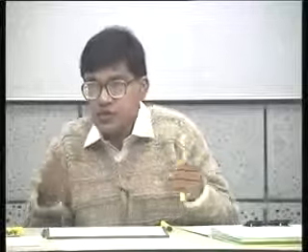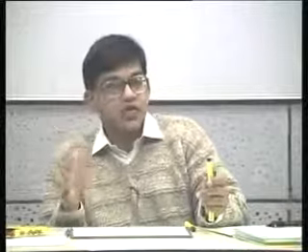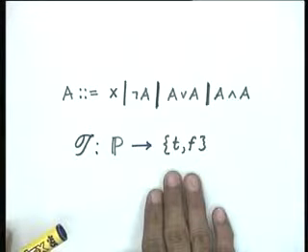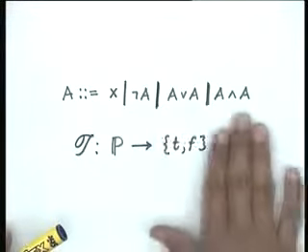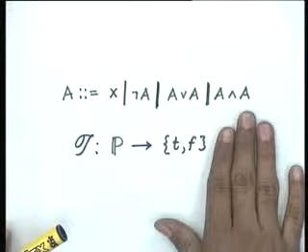This has not been made explicit in any of your previous courses, but essentially there is a semantic domain called T and F, which is completely different from the language of Boolean expressions or from the language of propositional logic.